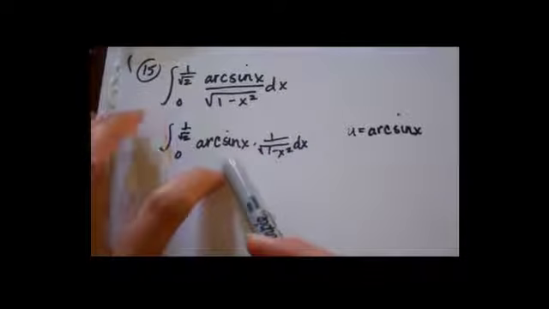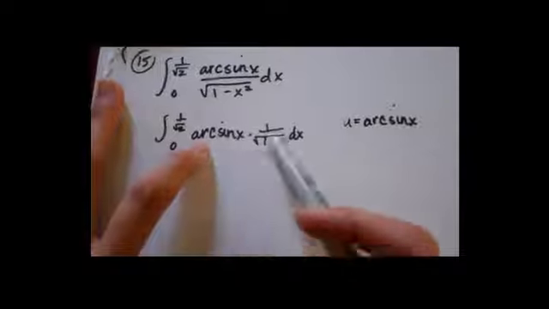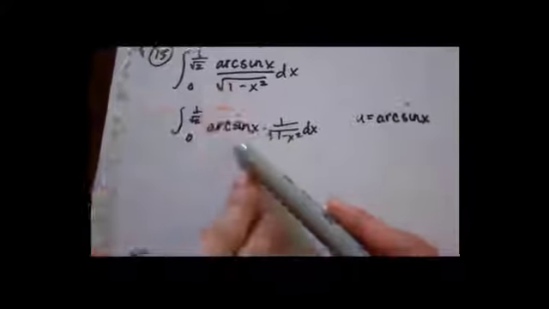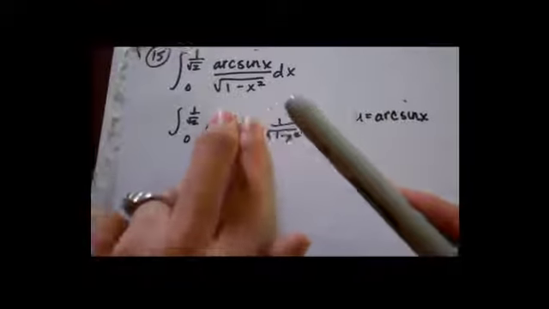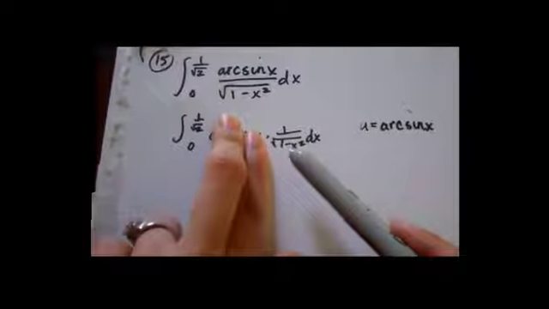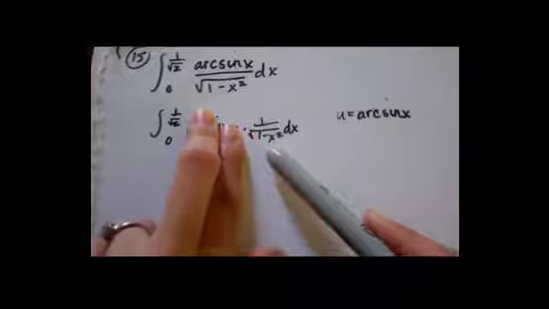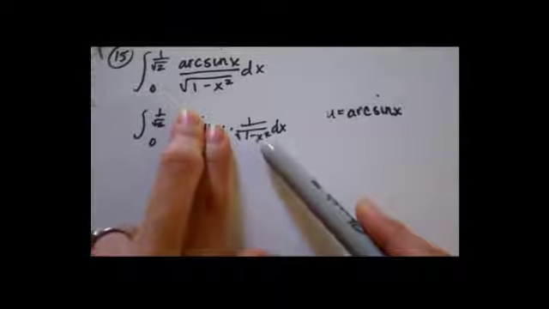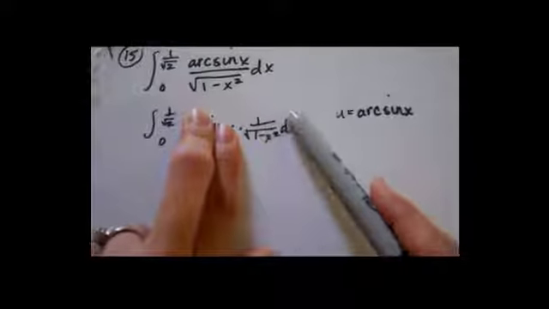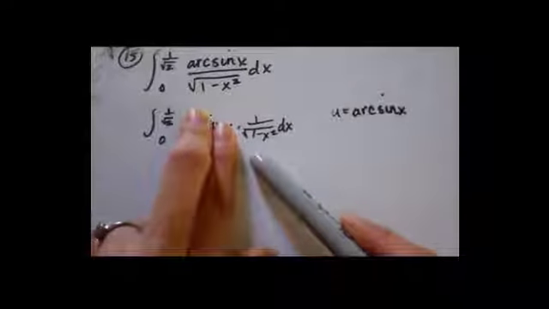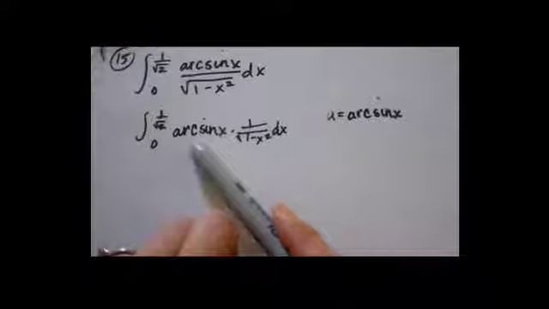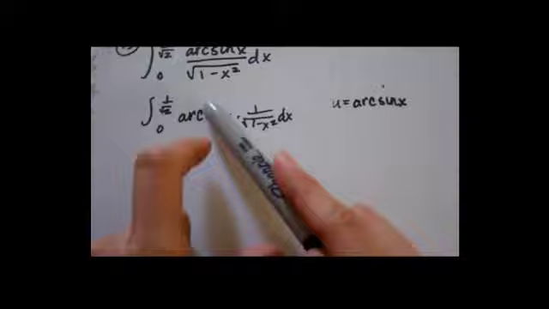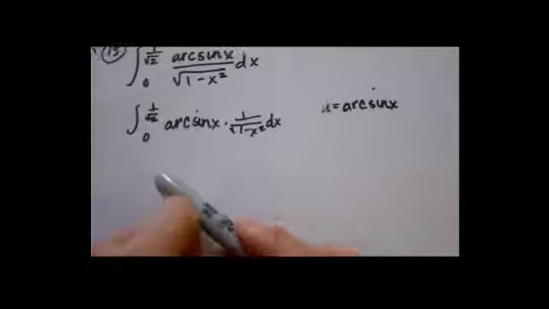And what I do hope that you don't try is, now if this arc sine of x, or this inverse sine of x, had not been there as a multiplier, then this definitely would be something that you would want to recognize as 1 over the square root of a perfect square plus or minus a perfect square. So that would have been something that you could have integrated. However, we have this multiplier of a function on, so we cannot do that. But what we have not tried is to let this be our u.